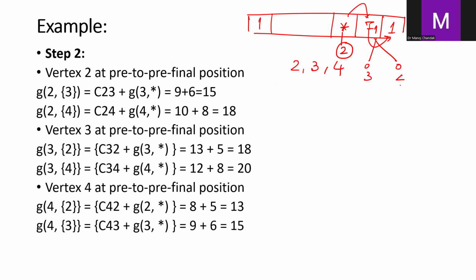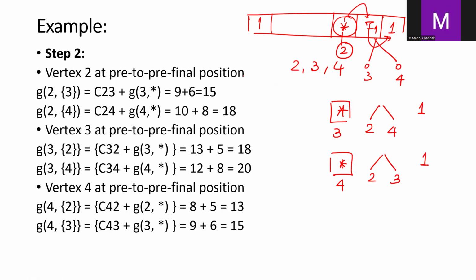Either 3 or 4. Similarly, if I am writing at asterisk 3, then the possible intermediate will be 2 and 4, and they will be allowing me to travel to 1. And if I am writing at asterisk 4, then the possible intermediates will be 2 and 3, and then allowing me to travel at 1.